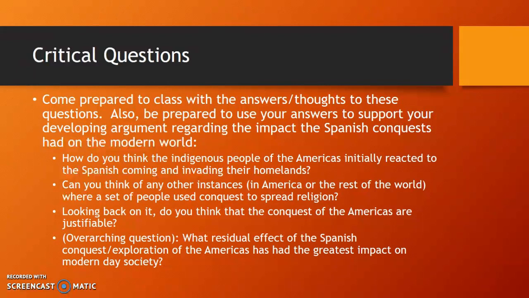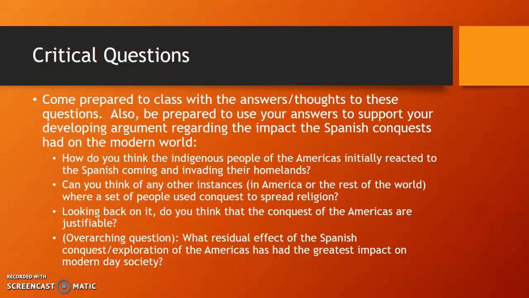And here I listed a few questions that could help guide you in that direction. So like, how do you think the indigenous people of the Americas initially reacted to the Spanish coming and invading their homelands? And can you think of any other instances in America or the rest of the world where a set of people used conquest to spread religion?